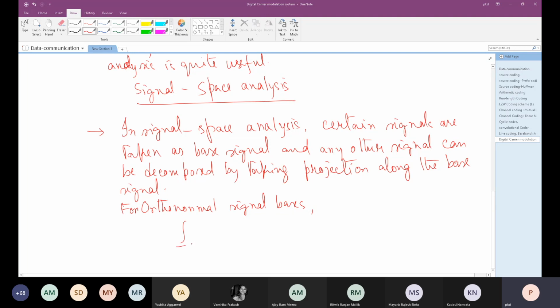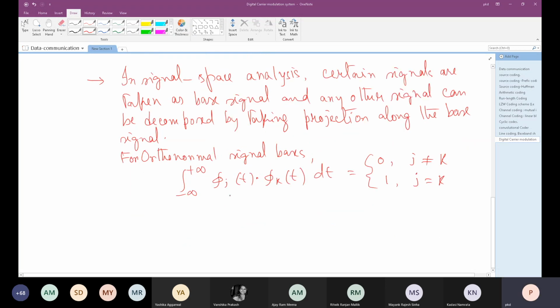For an orthonormal signal basis, the integral from minus infinity to plus infinity of phi_j(t) dot phi_k(t) dt is equal to 0 for j not equal to k, and equal to 1 for j equal to k. So if we project a signal phi_j(t) onto phi_k(t), then it becomes 0 for j not equal to k. That means if we take the same components, the integration projection should give 1.